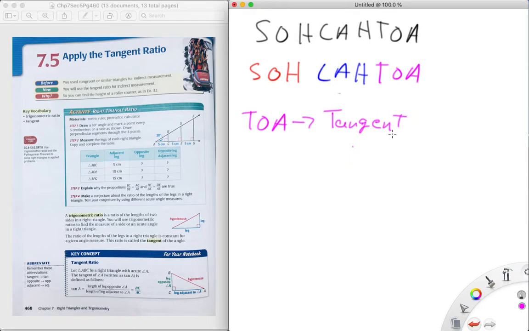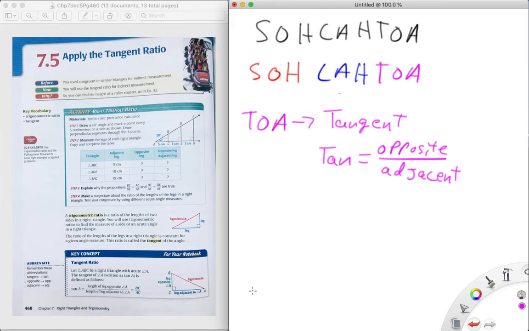We call it for short tan, is equal to, O is for opposite, over adjacent. Opposite over adjacent.